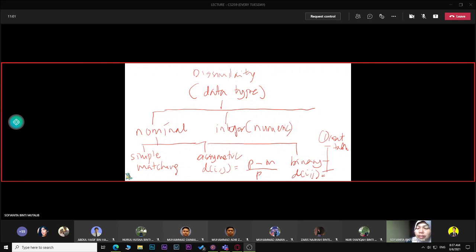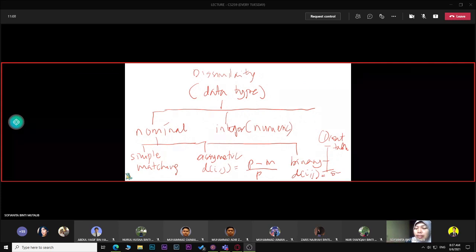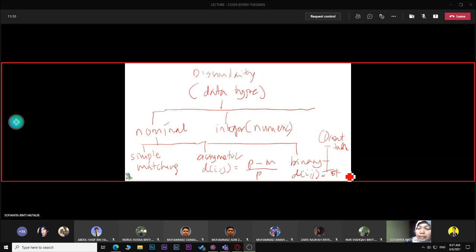The distance of i and j equals r plus s, divided by the total of q plus r plus s. So this is for binary.